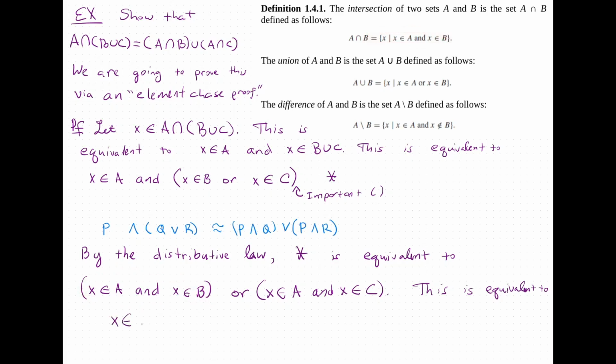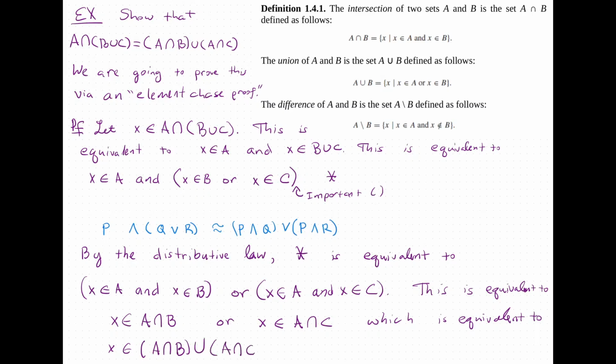So this is the same as x is in A intersect B, or x is in A intersect C, which is equivalent to, so now we use the or and we reread that as union. So this is the same as saying x is in A intersect B, and now the or takes the place of the union, A intersect C.